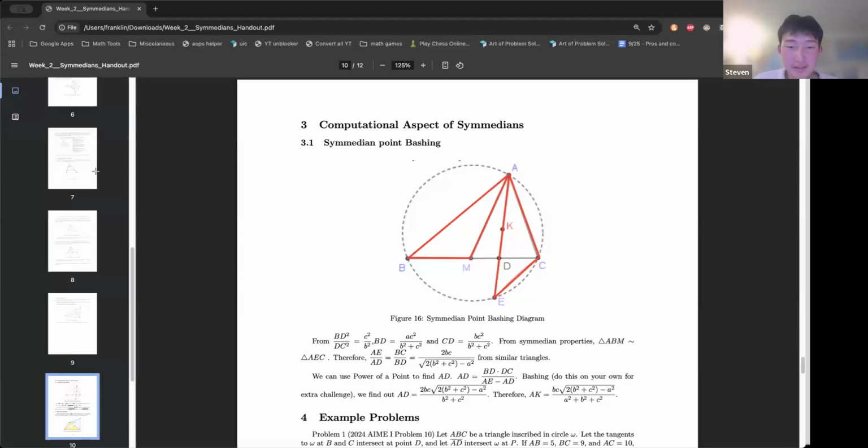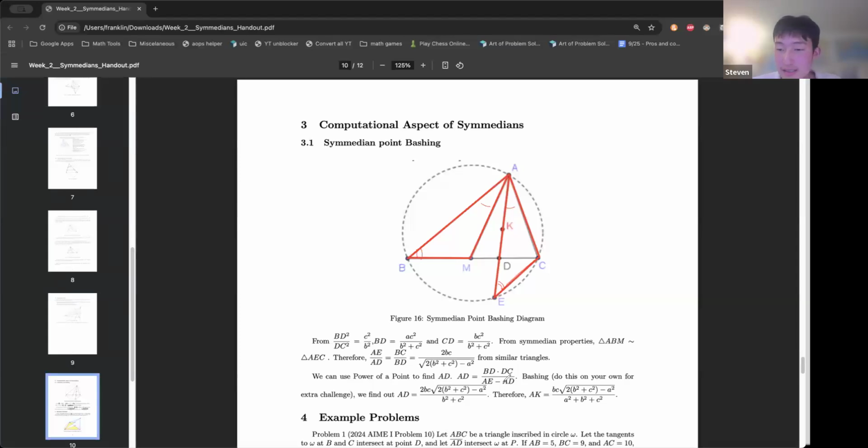Now that they're similar, we can use the similarity ratios. Observe that there's a typo here. To correct, it should be AE over AM equal to AC over AB.